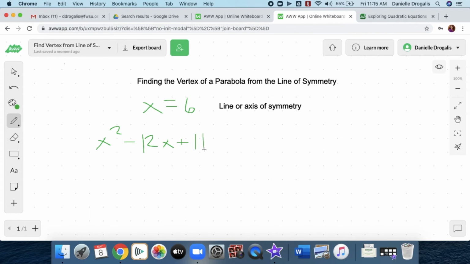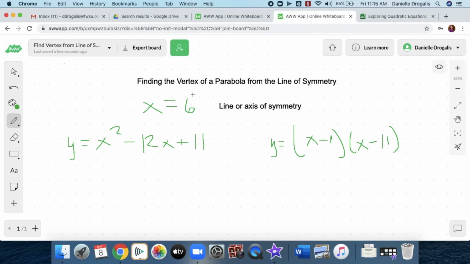And then the factored form of the same quadratic is (x minus 1)(x minus 11). And these are both y equals, or f of x. I'm going to leave them as y because we're looking for the y component of the vertex. There's no harm in solving for f of x, but for simplicity's sake, I'm going to have these be y equals equations.